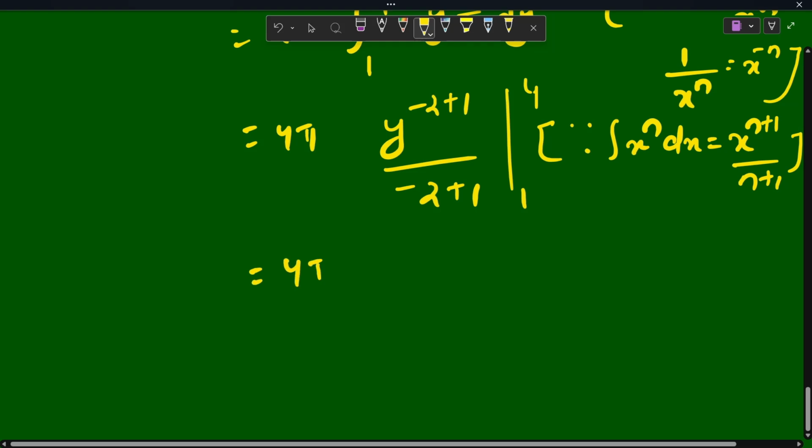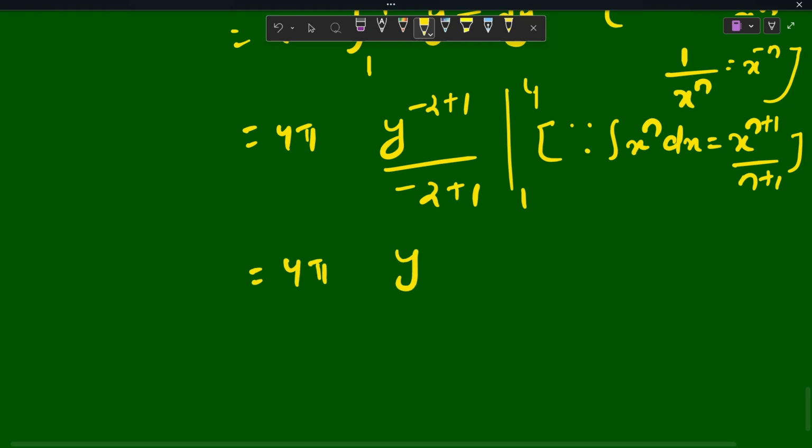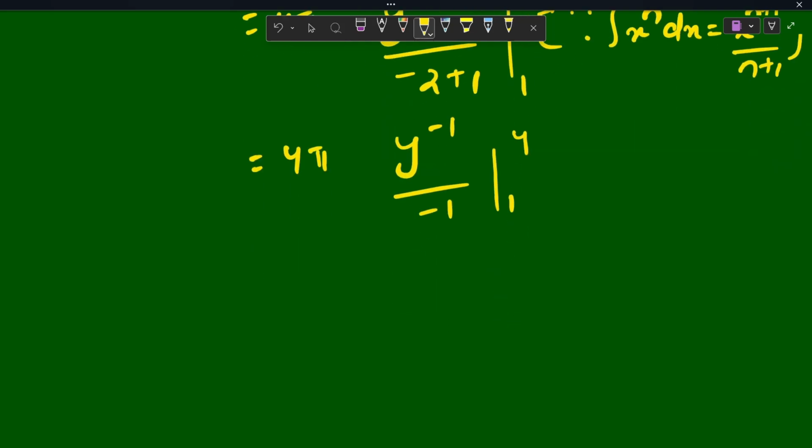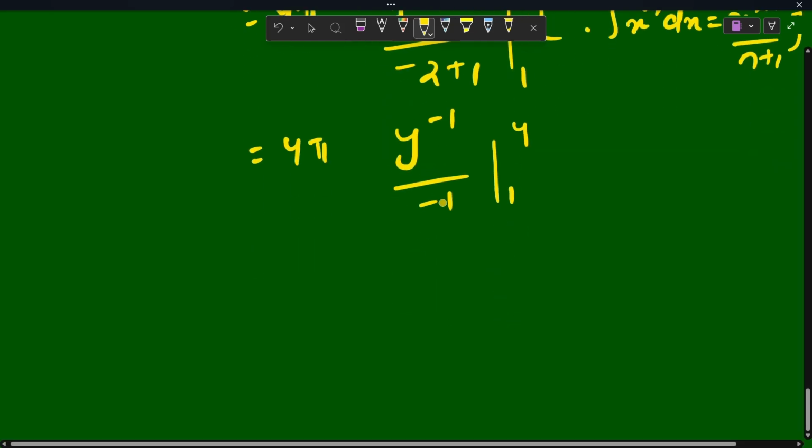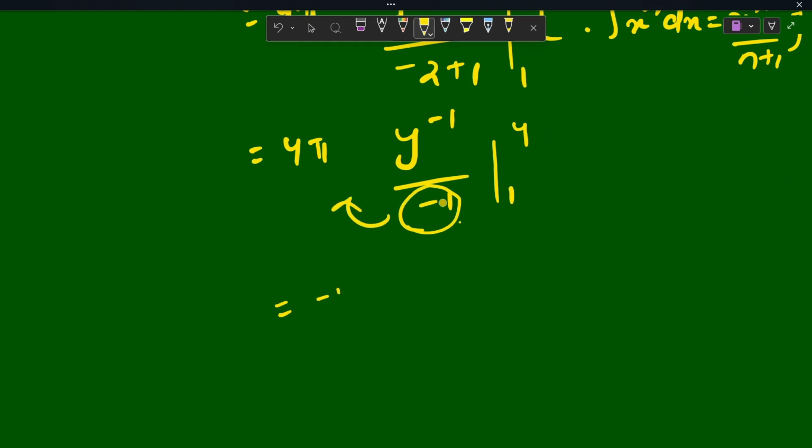Now see what this value is. It is minus 2 plus 1, which is minus 1, by minus 1, from 1 to 4. Now again, this minus 1 is a constant, so it can go outside. So it would be minus 4 pi, or you can write it as 4 pi into minus 1 if you are getting confused. Now its value is y inverse from 1 to 4.